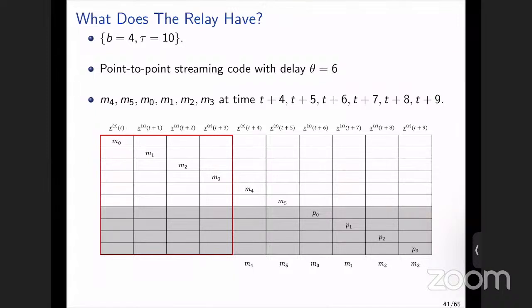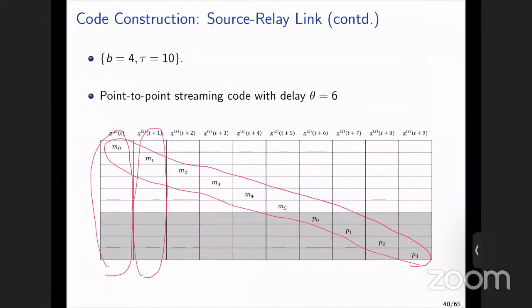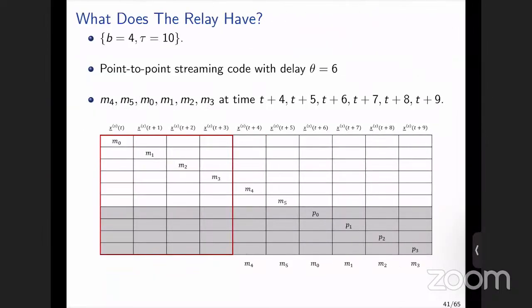Now let's look at what the relay is going to have. Recall that the source has used the 10.6 HT code plus diagonal interleaving to produce the coded packets which it's going to send to the relay.